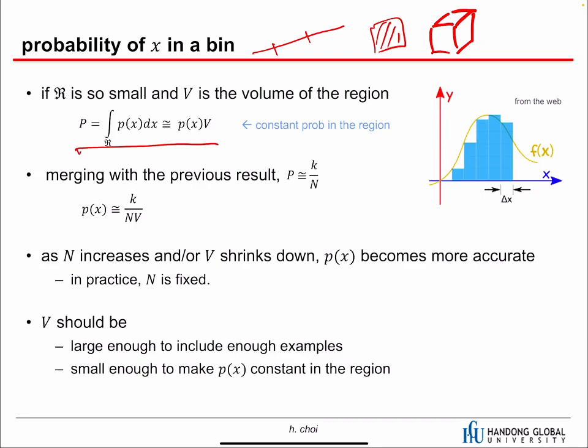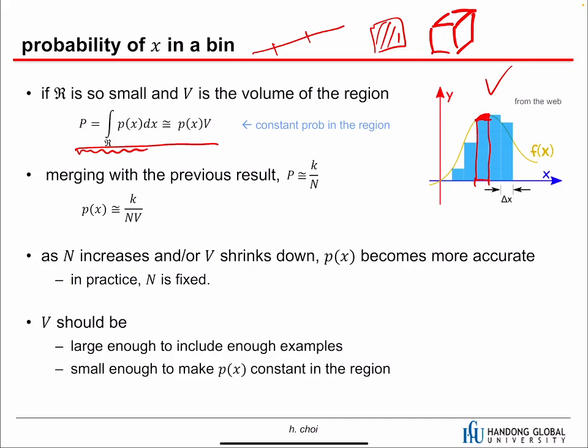And as you know, p is the integral of p of x in that region. If you look at this example, the probability that x is in this volume is actually this area, right? And this area can be approximated by this rectangle, even though there is a gap.